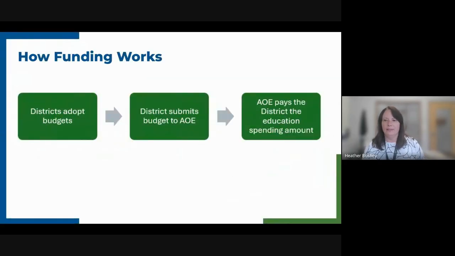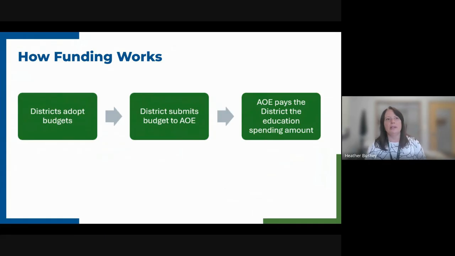So how does the funding work? Essentially, it's state funding, and across the state, all districts adopt budgets. Once that budget is adopted by the voters for that district, the district submits their budget to the Agency of Education, and essentially the Ed Fund pays out whatever the voters of that district have voted to approve.